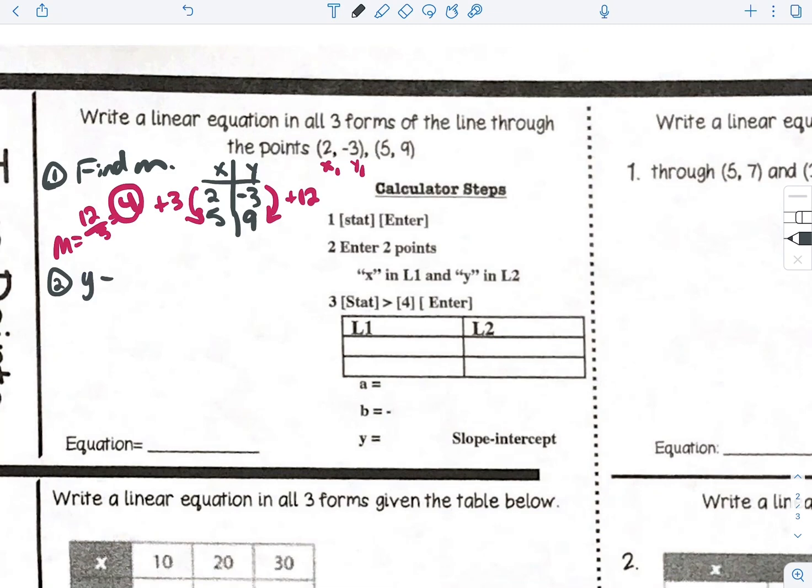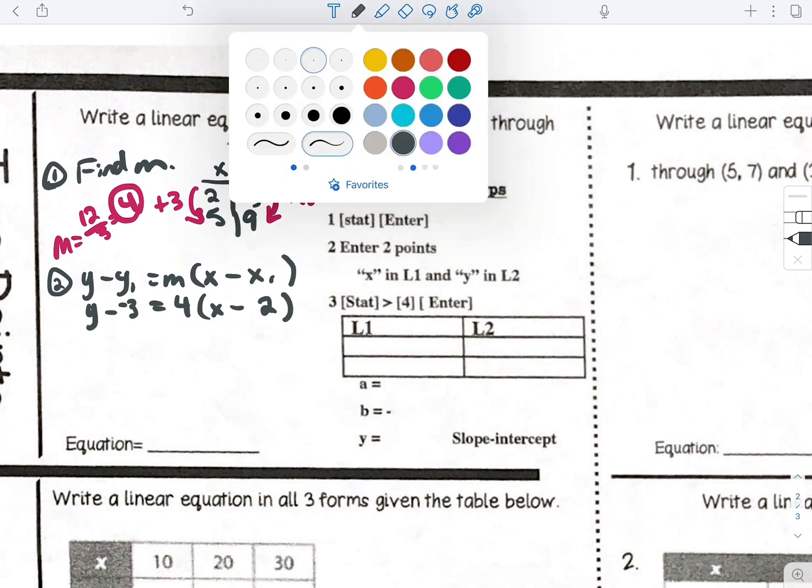So that would be y minus y1 equals m times x minus x1. Remember, our y1 is -3. Our slope is 4. And our x1 is 2.